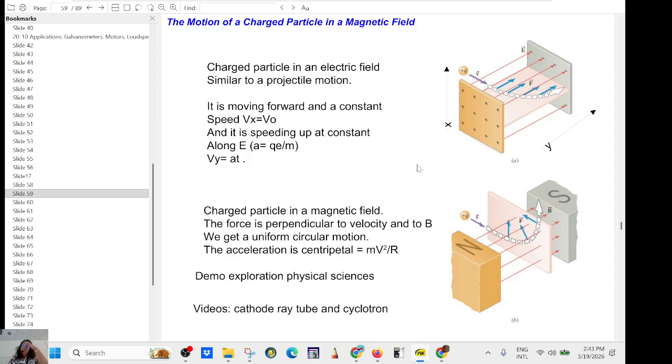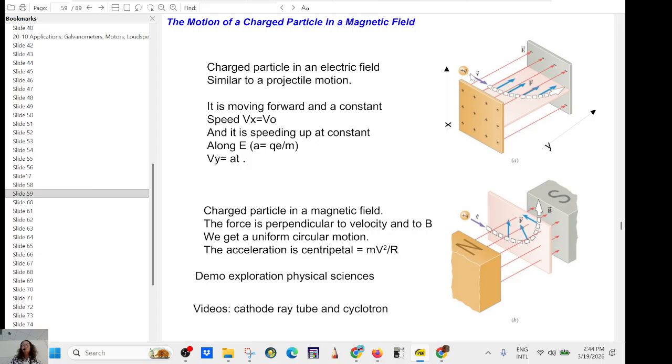Okay. Now remember that if you have an electric field, the electric field is not that high maintenance, right? It just needs to have a charge, and that's fine. It will accelerate or decelerate the charge. So if you have a positive charge entering an electric field, there will be a force F equals QE. That force is along the electric field.